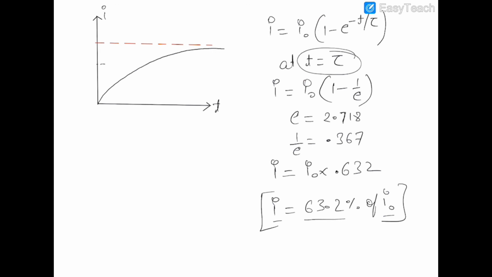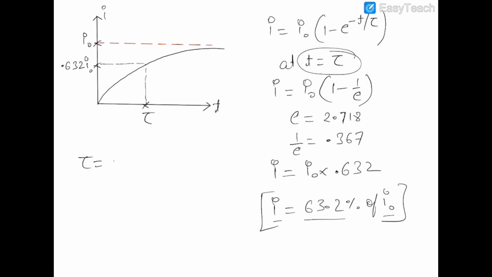So in the time which is equal to the time constant, tau, the current increases to 63.2% of I naught, or I can say directly that it is 0.632 I naught. Obviously this is the peak value I naught, and this is the time period.